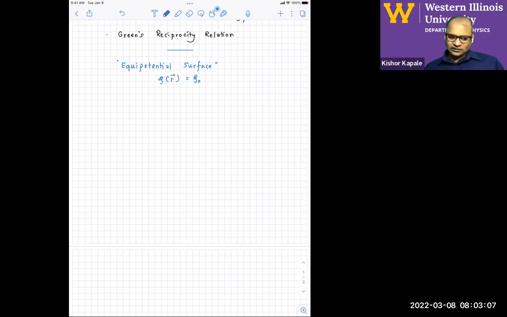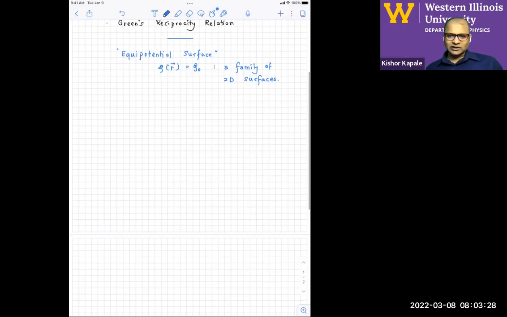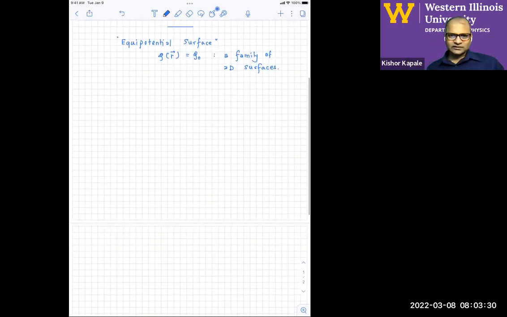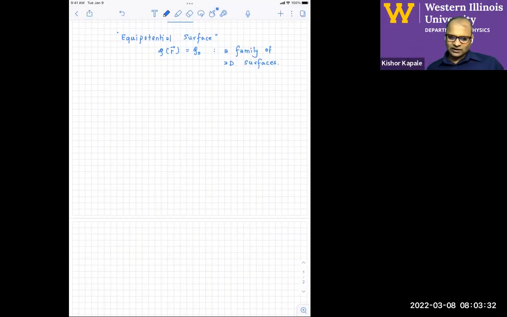And so this is going to give you a family of 2D surfaces. It's like in 3D space, if you fix the distance from the origin, you have one condition that you add, then you get a two-dimensional surface, which is the surface of the sphere. Okay, so that's how that process sort of works.